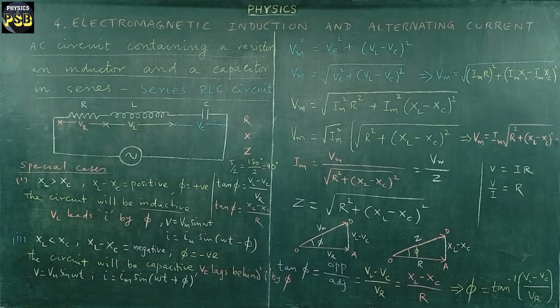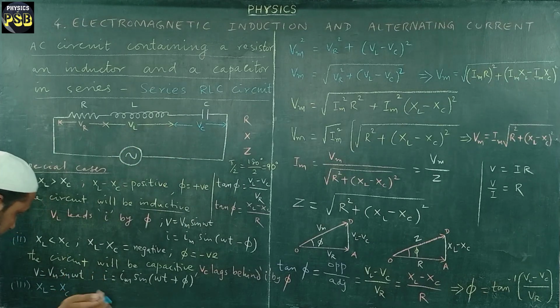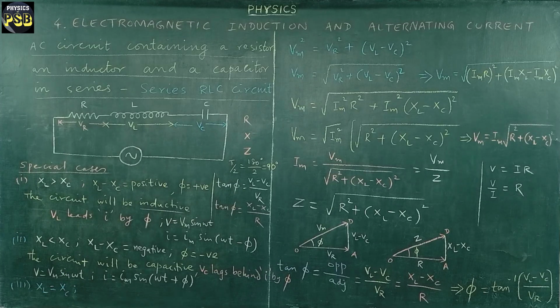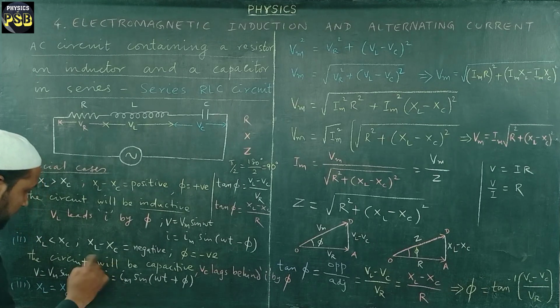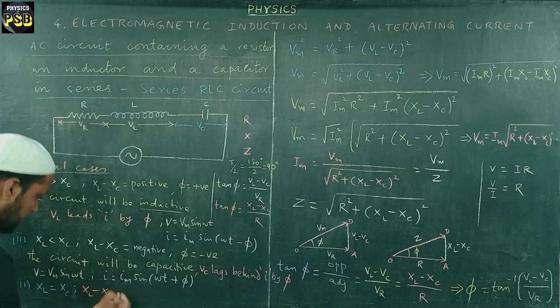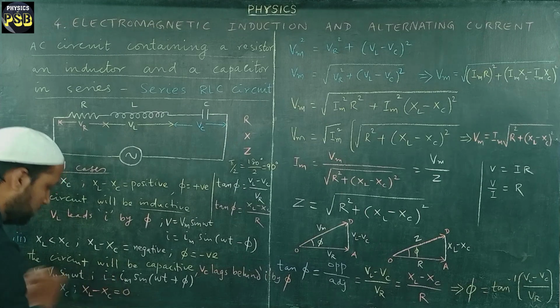Third, suppose the reactance offered by the inductor XL is equal to the reactance offered to the flow of current by the capacitor XC. In such a case, the difference between XL and XC is found to be 0.